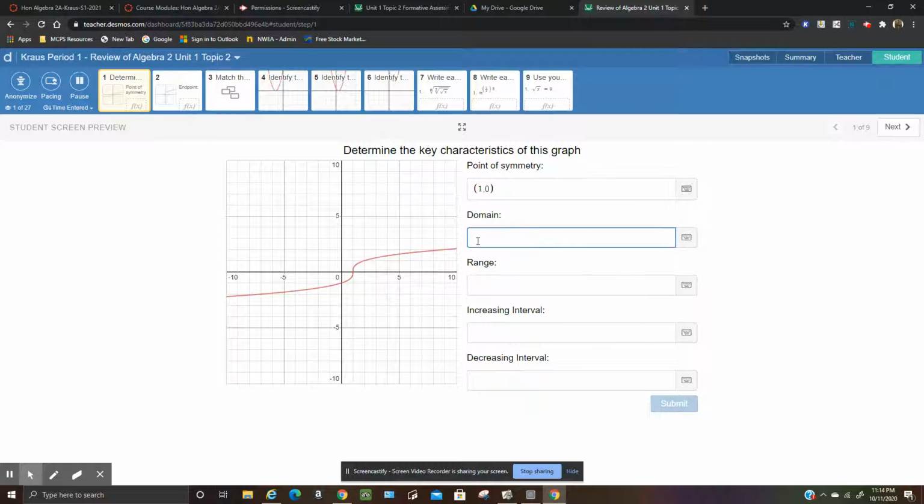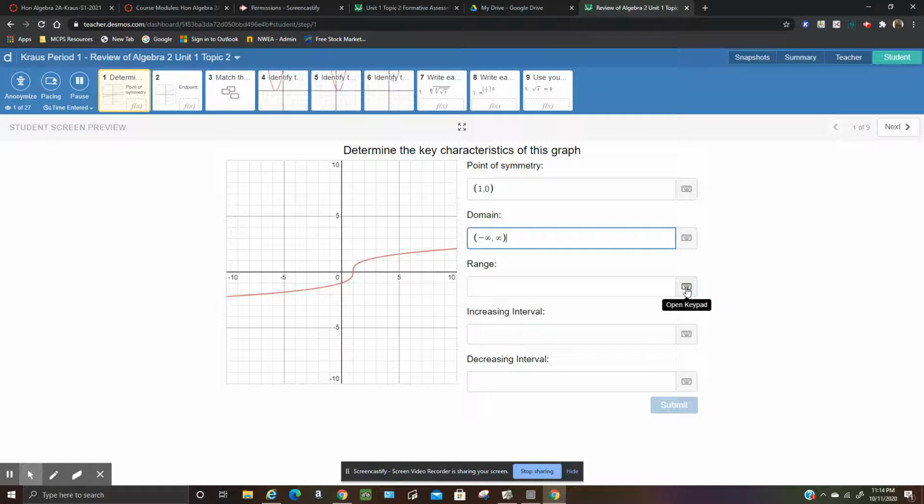The domain is negative infinity to infinity. So if you just type that on, you see a keyboard next to the problem, then it's a math slide. So you can just type infinity to negative infinity.